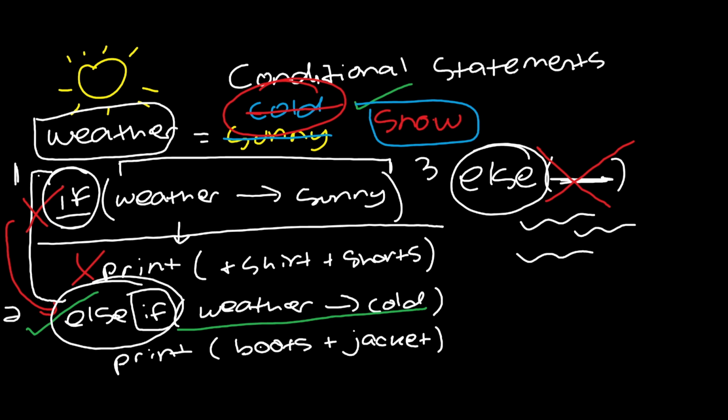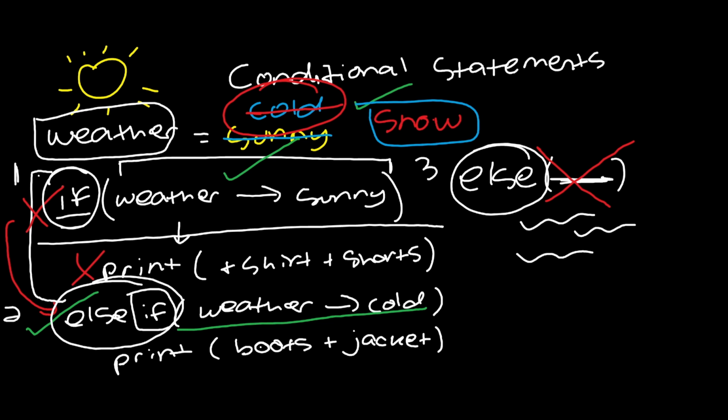Well, it's going to check the first line of code, then the second, then the third. But it's not going to check the second or the third if the first line of code is met, the condition is satisfied.